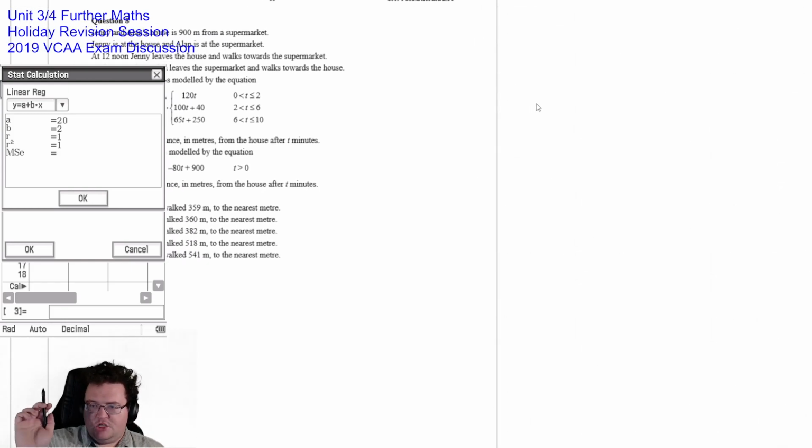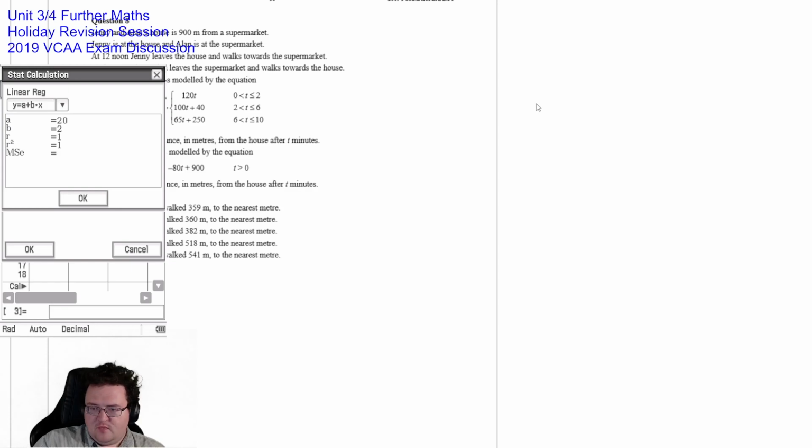Anyway, Jenny and Alan's home is 900 from a supermarket. Jenny is at the house. Alan is at the supermarket. At the same time, Alan leaves the supermarket and walks towards the house. We therefore have a piecewise function for Jenny walking at very strange and weird speeds.